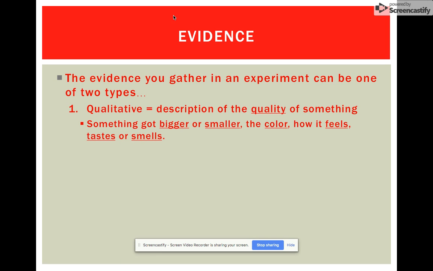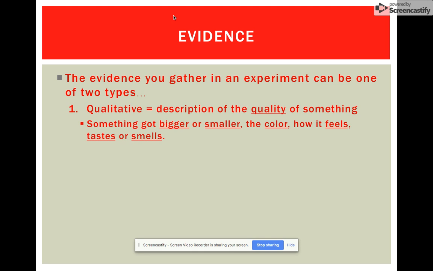So, if I say that you are a really uplifting and encouraging person, I'm not saying that I'm measuring anything about you. I'm just telling you what my perspective is on your character. And so qualitative evidence are not measured. They're just descriptions of the quality of something.